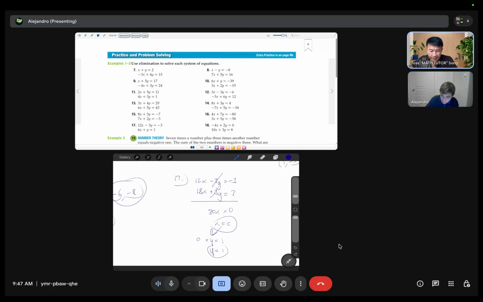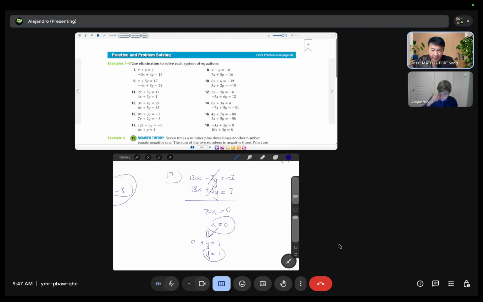What about if I plug it in the first equation? If x is 0, you're left with just negative 3y divided by negative 3. So y is positive 1. You see that? So x is 0, y is 1. So 0, 1. Yeah, they're correct.